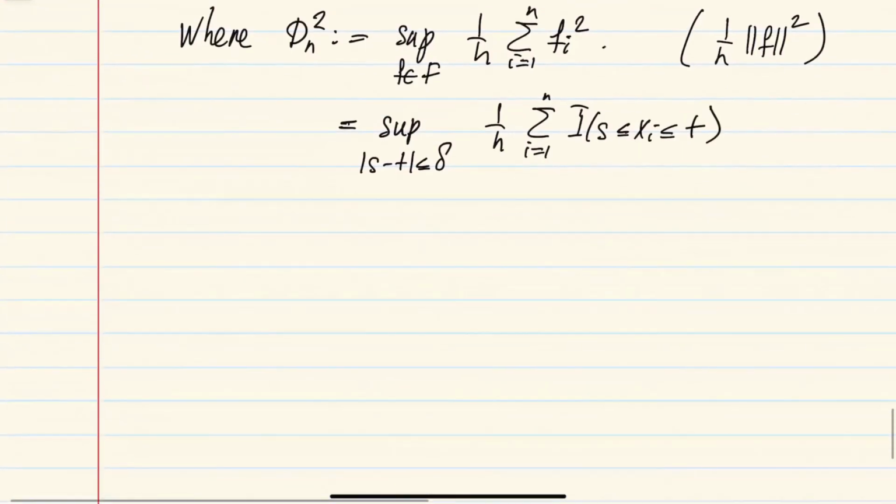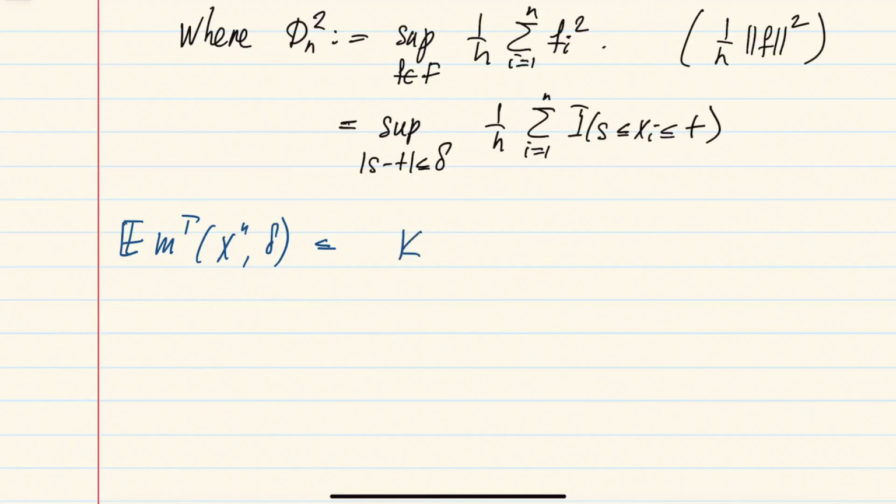And so if we recall what we did above, we started with the expectation of the modulus of continuity of the process xn. Then we did some symmetrization, and in that symmetrization, the expectation over the Rademacher random variables, or random signs, was bounded by this constant times the integral from 0 to dn. I'm just rewriting the above bound here.